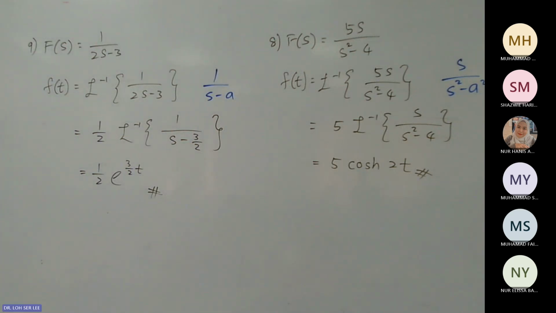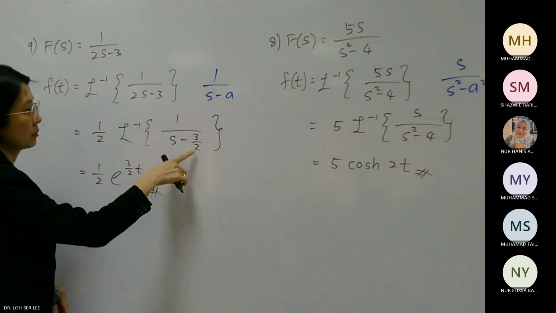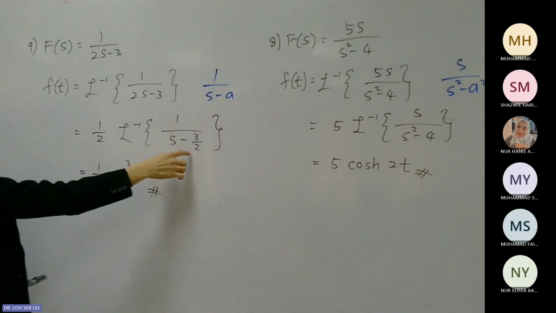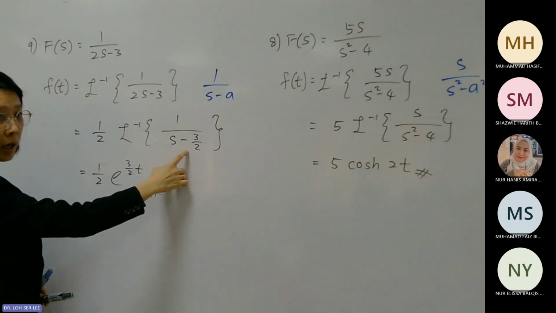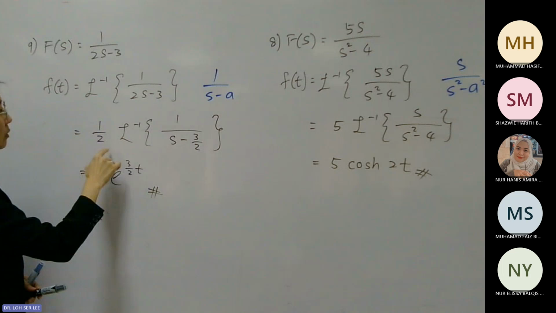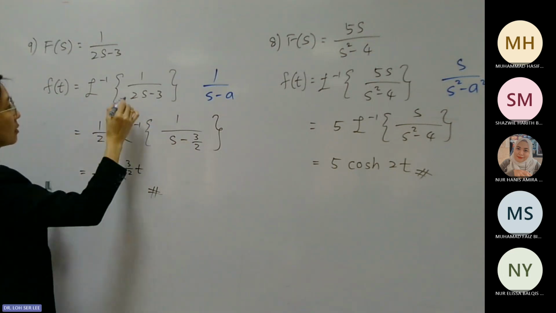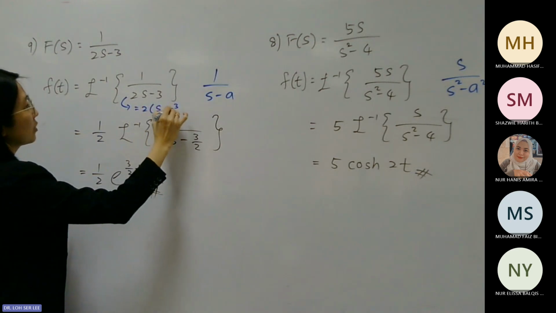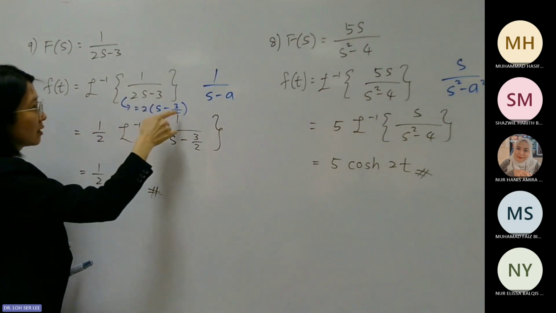How is our a 3 over 2? Because this function is equal to 2 times s minus 3 over 2. Factorize the 2. Right?